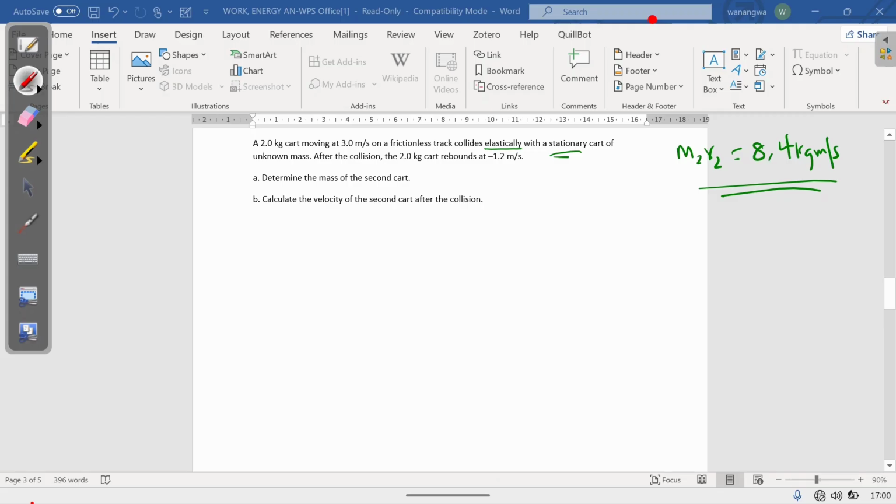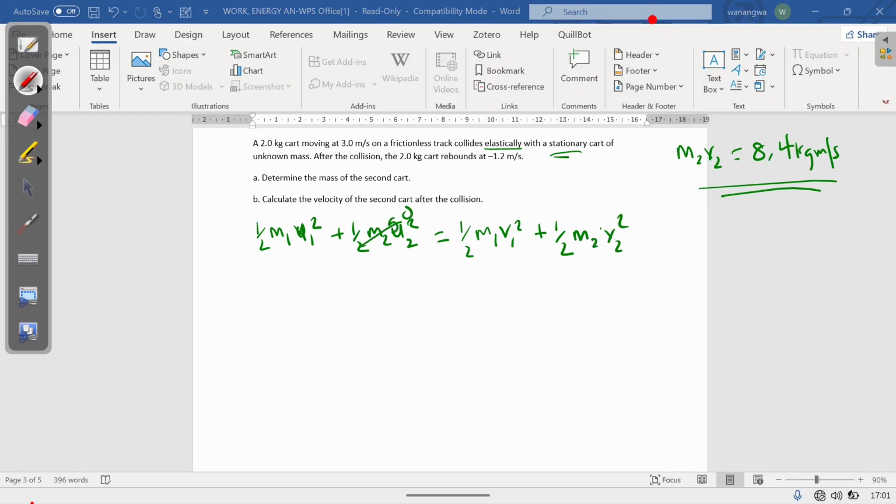Okay, so let's do that. Now it will be half m1 u1 squared plus half m2 u2 squared equals half m1 v1 squared plus half m2 v2 squared.